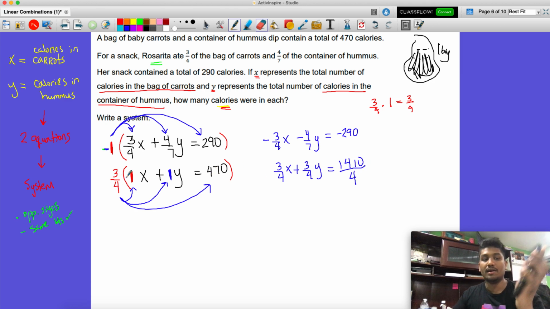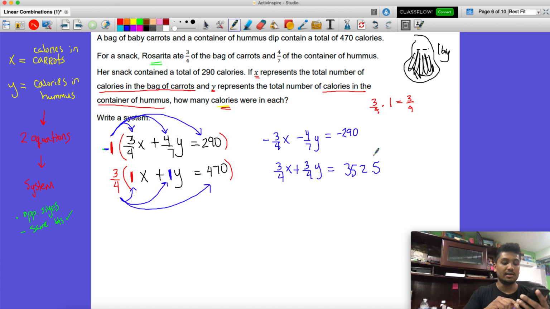That's the 4 on the bottom. Divided by 4 is equal to that. So I'm going to then erase this, and I'm going to write that answer: 352.5. And I'm just going to make sure that that's actually right again. So 470 times 3 divided by 4, 352.5.